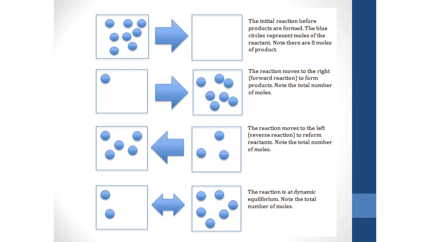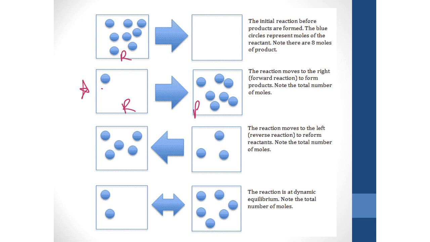Here's a nice visual to kind of explain what is happening as we approach equilibrium. So initially, you're going to have some amount of reactants that are going to collide with each other and begin to form products. So here in our second step, we see we only have one reactant particle left, and we've made all kinds of products as a result.